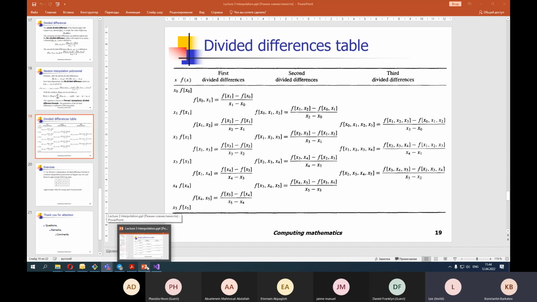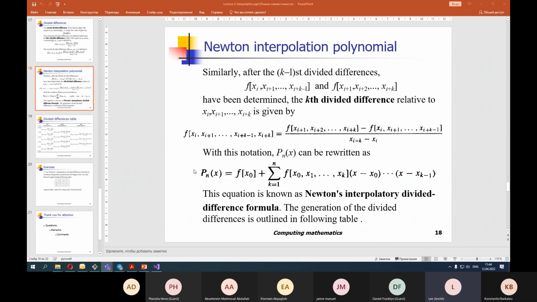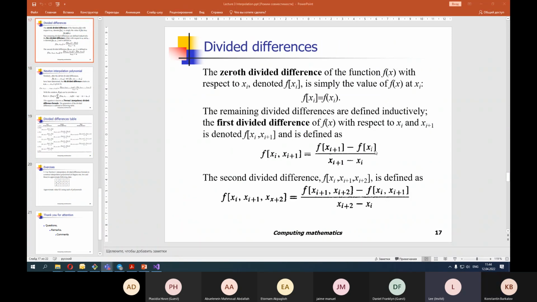What is the answer? This is the formula for the first divided difference. You should take the previous divided difference and divide it over difference of x's.